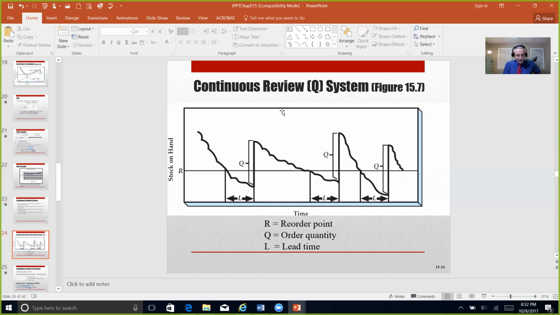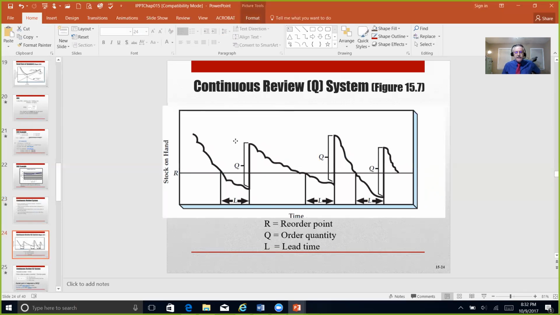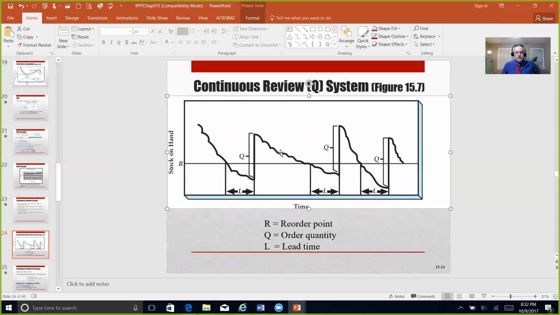So the R stands for the reorder point, and it's an order where the amount of Q is going to be replaced, so that as that cycle of usage continues, we can reorder yet still have enough inventory on stock to ensure we don't get to a stock out.